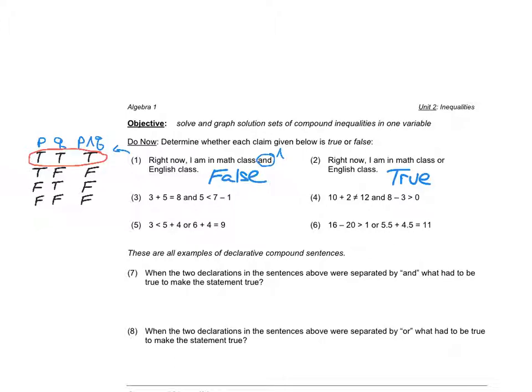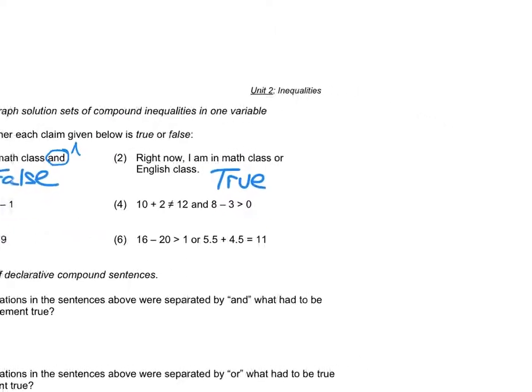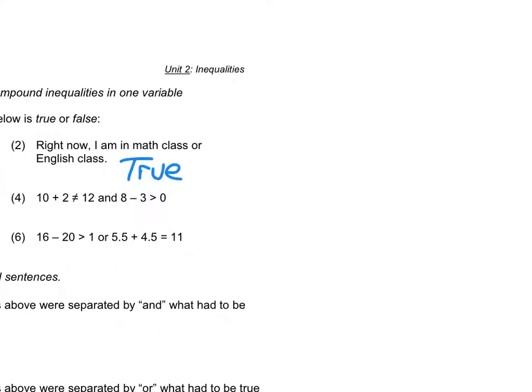Now the other case would be the or situation. So the or symbol is a V for some reason. And so we could have P, Q, and then P or Q. So we looked at the situation here where I said I'm in math class or in English class.